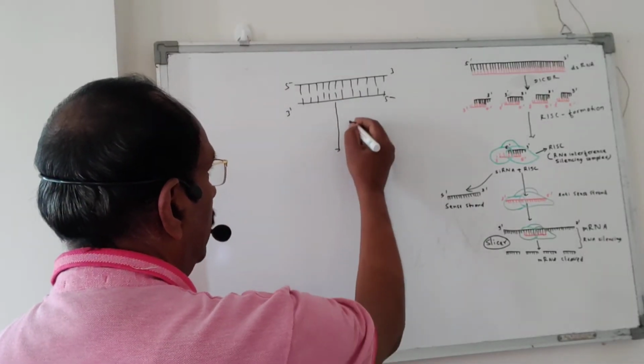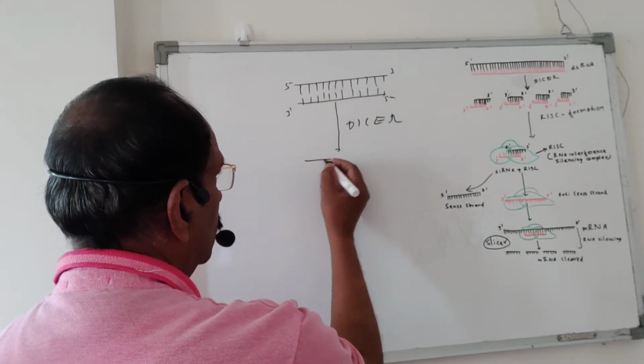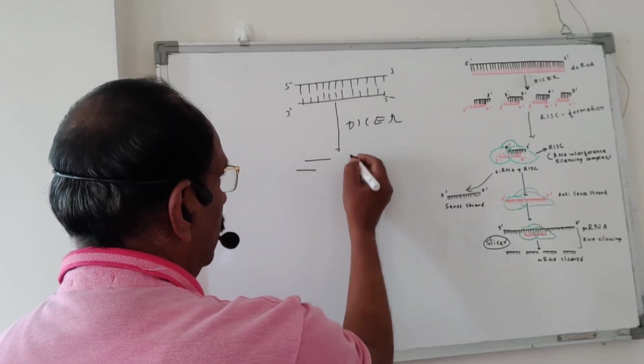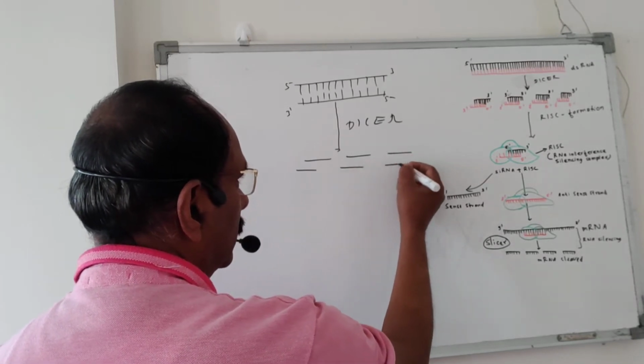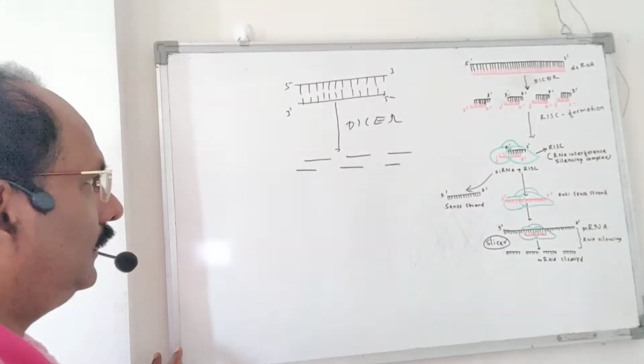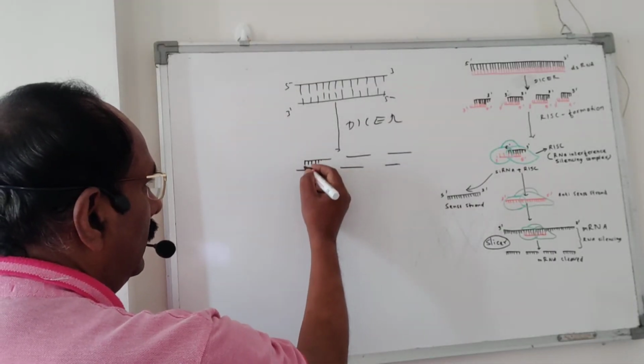So with the help of the Dicer enzyme, this double-stranded RNA is broken into smaller pieces. It breaks the double-stranded RNA in such a manner that each piece contains 22 base pairs, like this.